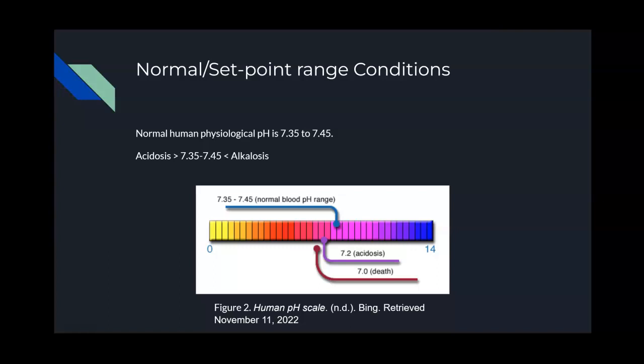Now, this chart also shows acidosis, which is the opposite, but it still gives a good representation of how minuscule a change can cause some severe problems. If you go much past the pure neutral state, which is what water is, it is death. So anything too far off from your baseline numbers can pretty much spell death, as right here shows.